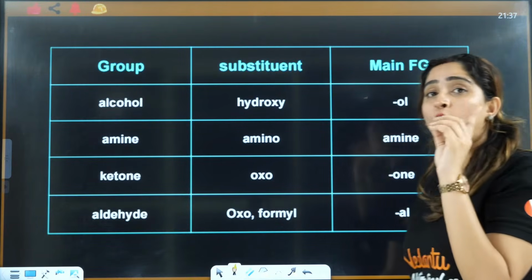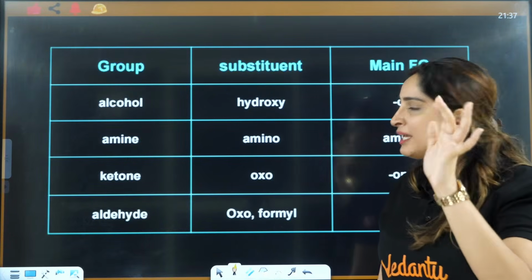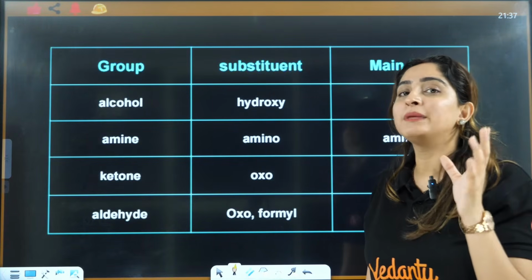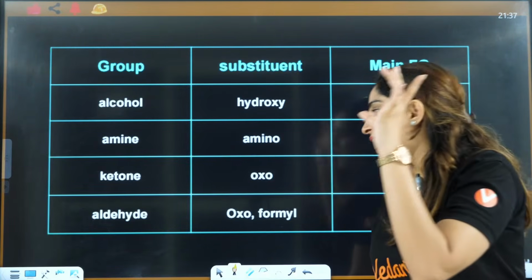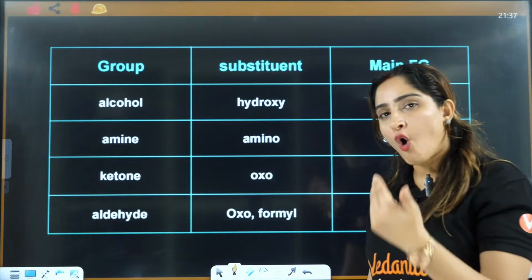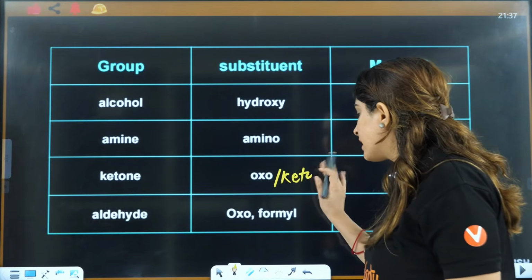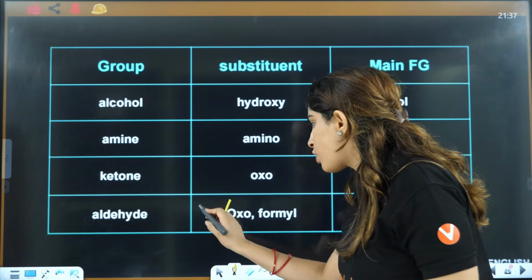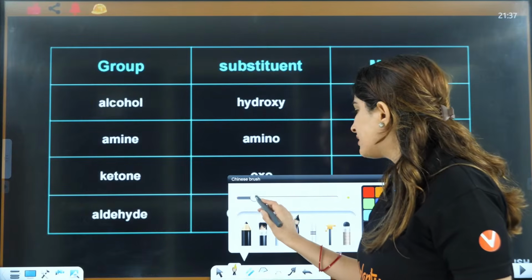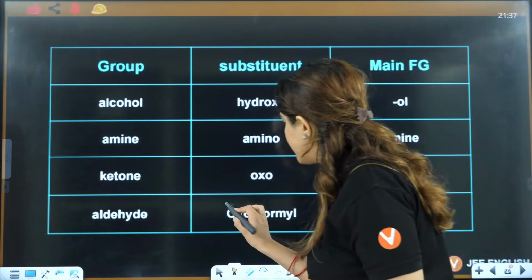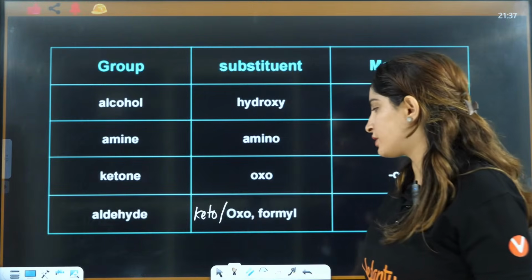When alcohol is not the hero, we write hydroxy. When amine is not the hero, we write amino. Ketone is written as oxo. Aldehyde is also written as oxo. Ketone is also written as keto, but even if oxo is written, you will say it is correct. Both of them we write oxo only. Oxo or keto it is written.